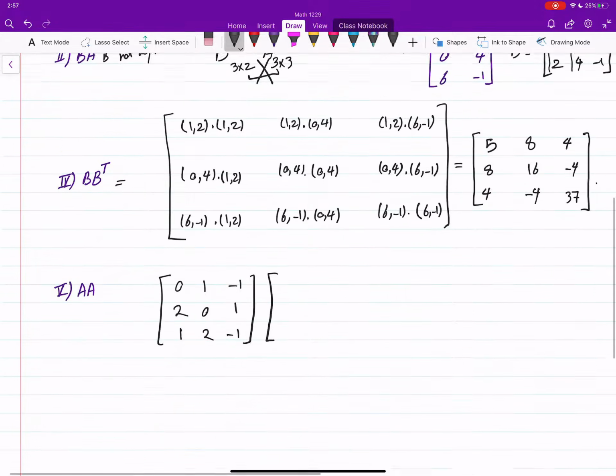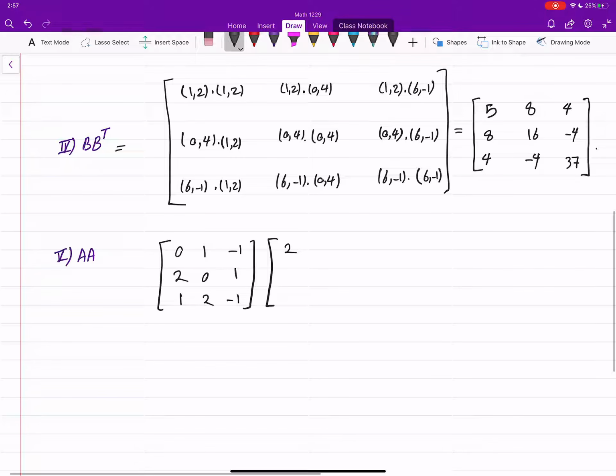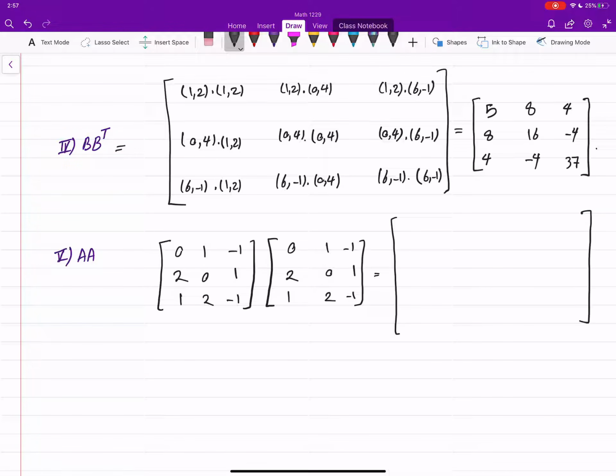We want to multiply it to itself. 0, 1, negative 1, 2, 0, 1, 1, 2, negative 1. Okay, so first of all, it is defined because the number of rows and columns of A are the same, and we are going to have a 3 by 3 matrix. So we have to compute 9 entries.